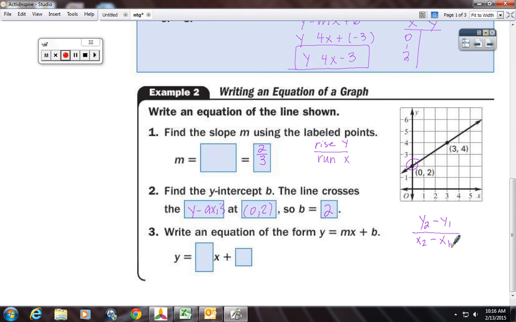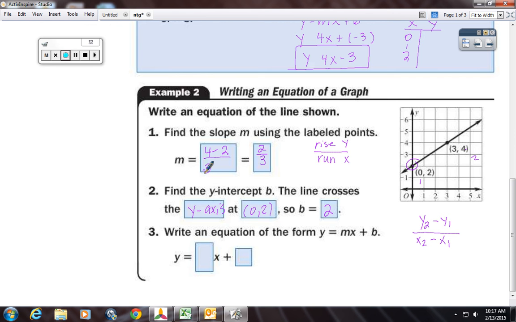If I look, this is the first coordinate and this is the second one. So if I look at the second y, what number is that? 4. Now if I look at the first y, what number is that? 2. Now if I look at the second x, what number is that? 3. And if I look at the first x, what number is that? 0.